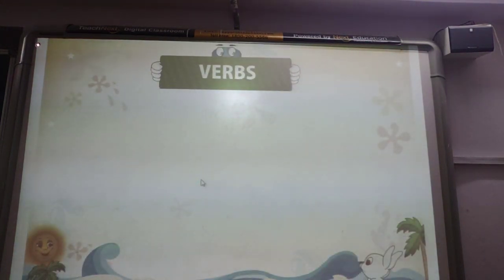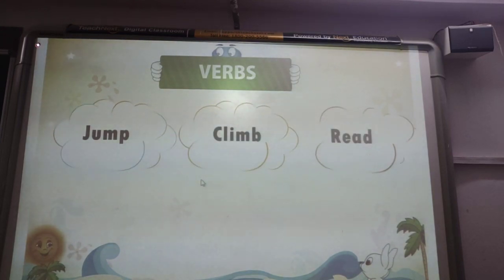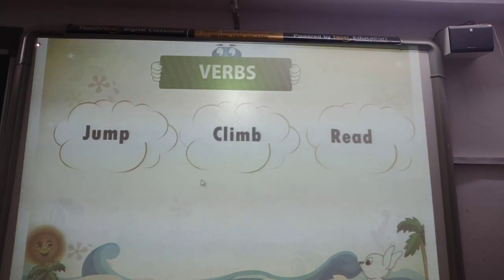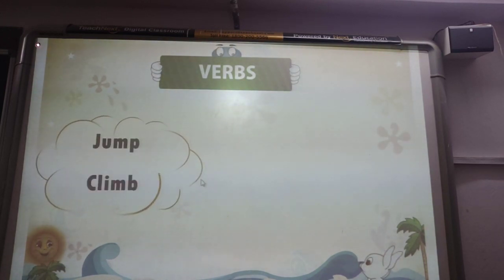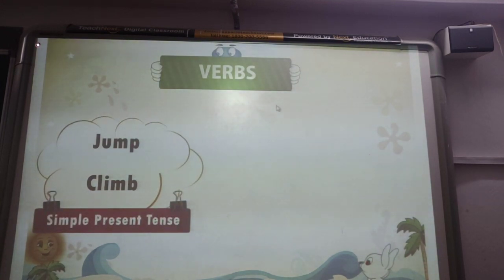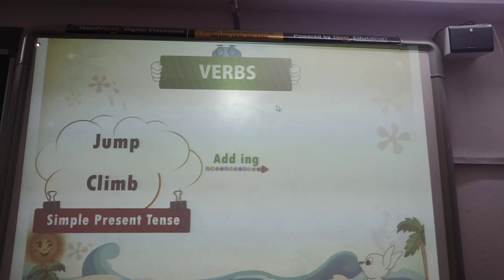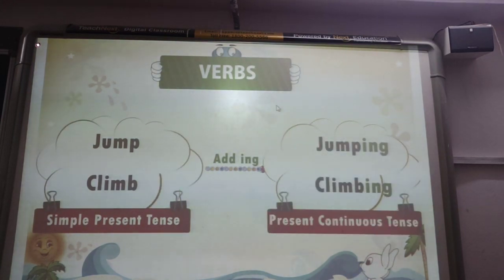Rainbow, we know that some verbs like jump, climb, and read can change their form if we add ing to them. Like jump and climb are the verbs of the simple present tense. If we add ing to these words, they change into present continuous tense.